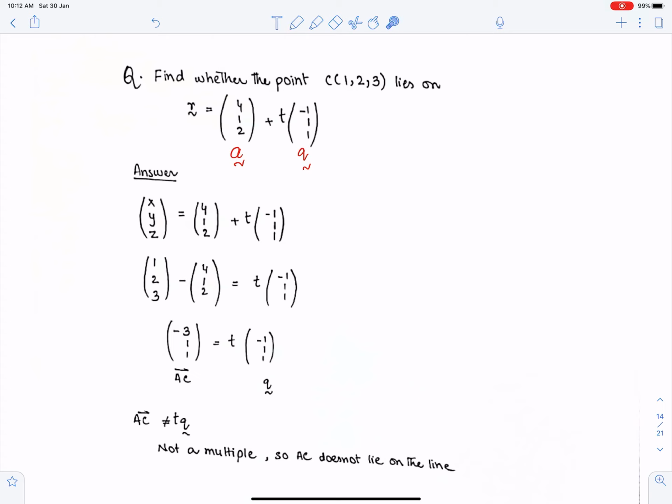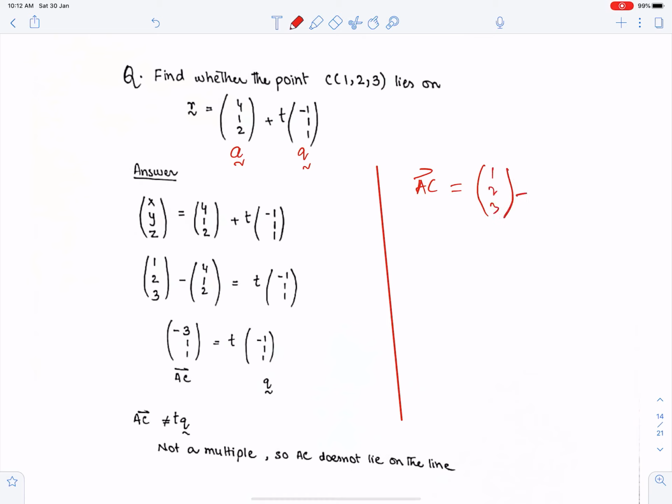If C lies on this line, then this vector AC must be a multiple of Q. And how would we find AC? AC will be OC minus OA. So it is minus 311.